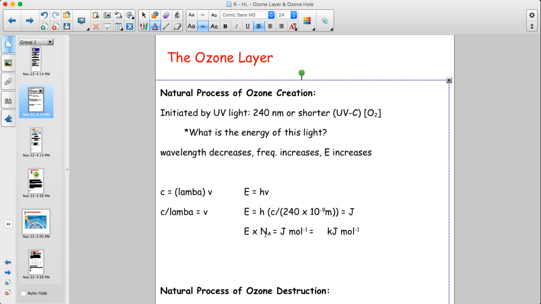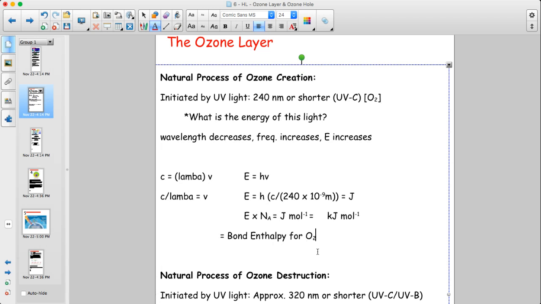If we multiply it by Avogadro's number, we'll get an energy value, and the energy value is actually equal to the bond enthalpy for O2. So it's further backing up the value of the bond enthalpy, that the bond enthalpy for the O to O double bond, which is listed in table 11, if I look it up right now, is 498 kilojoules per mole.